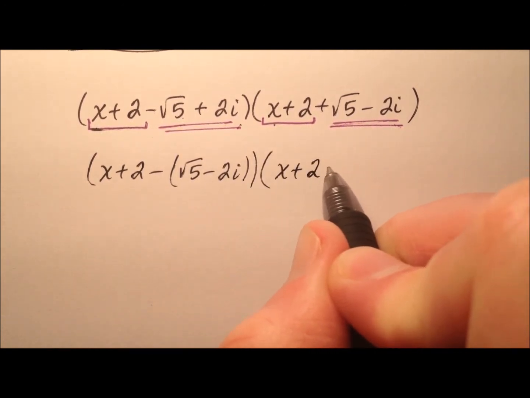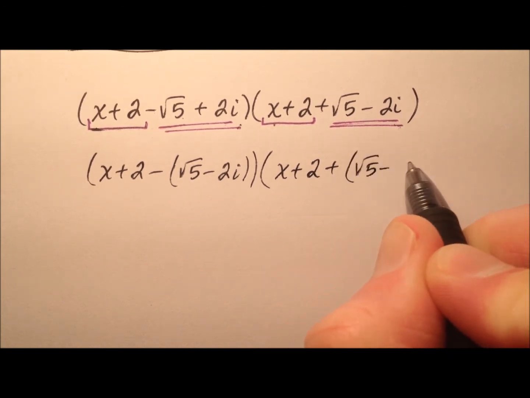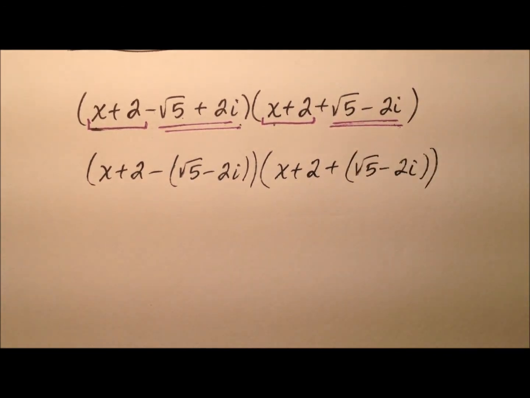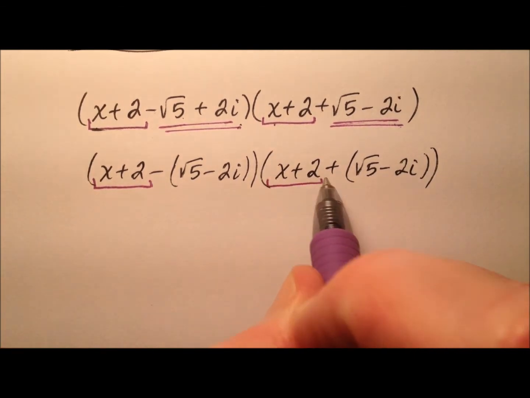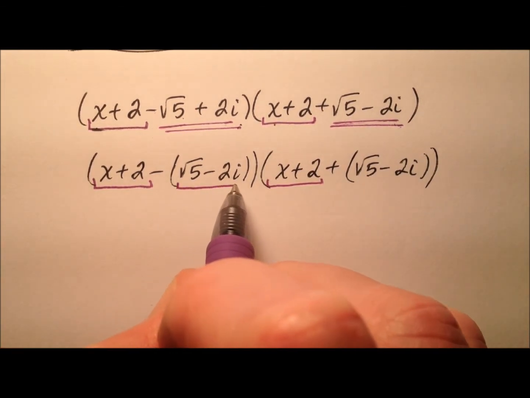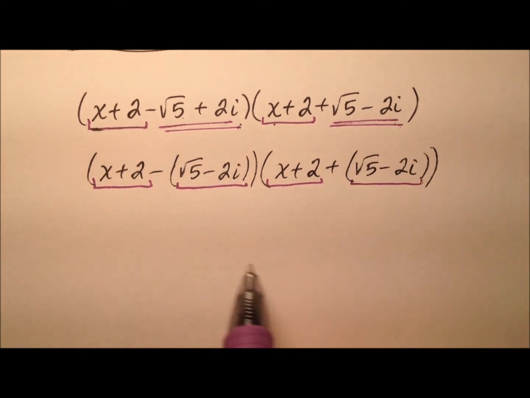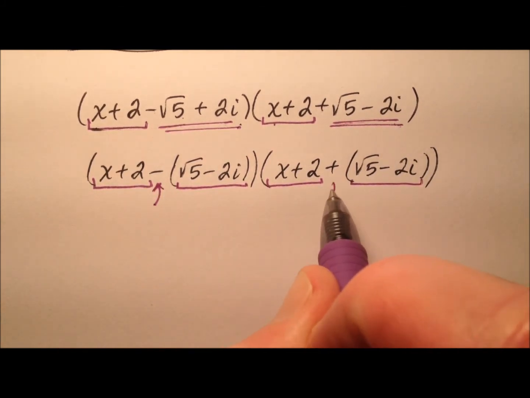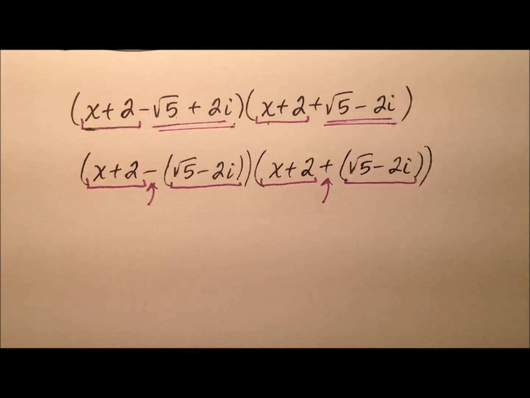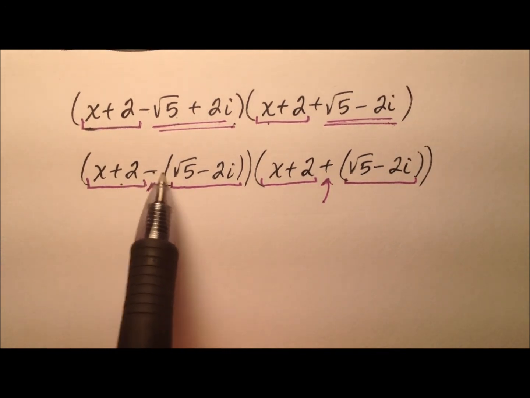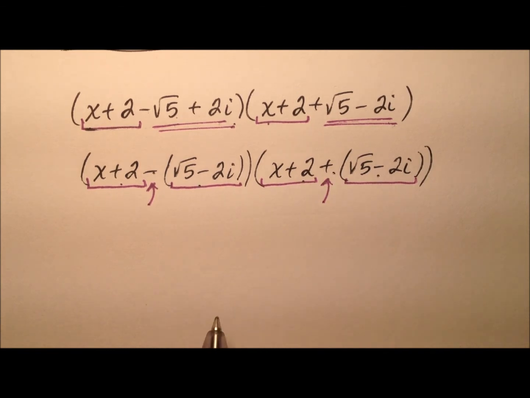So x plus 2. And now what I see, x plus 2, square root of 5 minus 2i, square root of 5 minus 2i. One of them is positive and one of them is negative. So I can use my difference of squares, a minus b times a plus b.